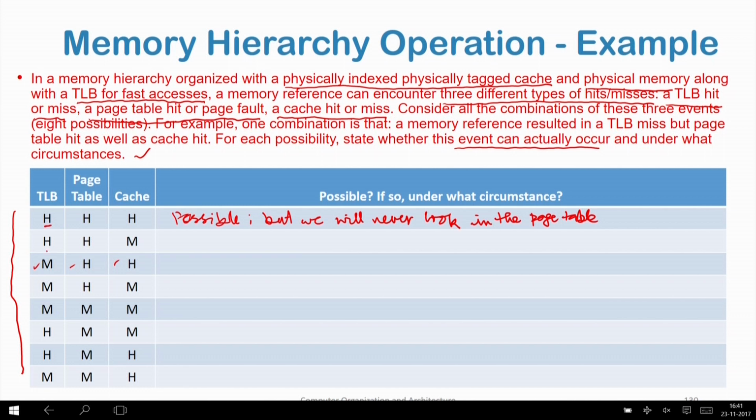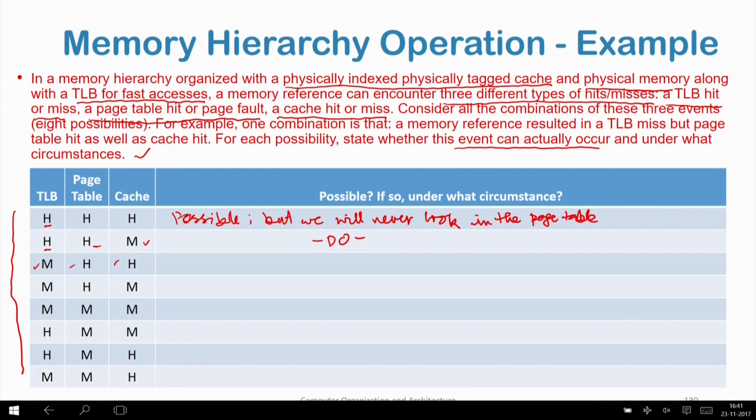Now, I have a TLB hit, a page table hit and a cache miss. This is also possible, but what happens? Obviously, I will not check the page table because I have already got a hit in the TLB. So, I will not go into memory and actually look into the page table.